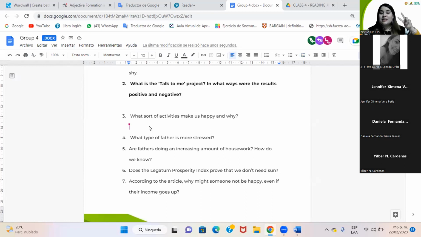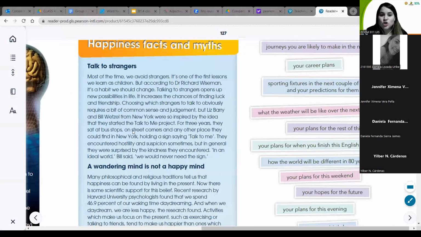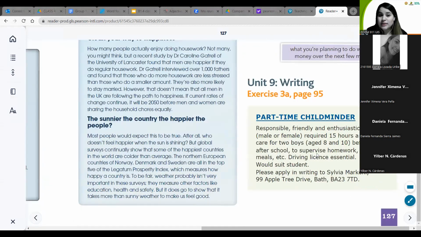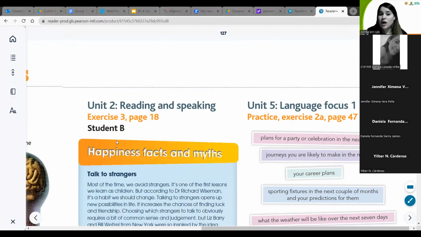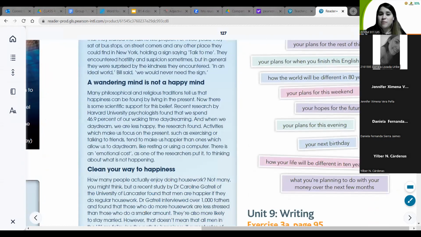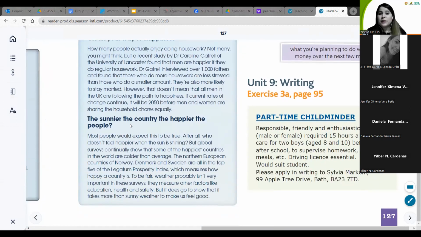There is a second reading on page 127. That reading is about happiness: Talk to Strangers, A Wandering Mind is Not a Happy Mind, Clean Your Way to Happiness, The sunnier the country, the happier the people.